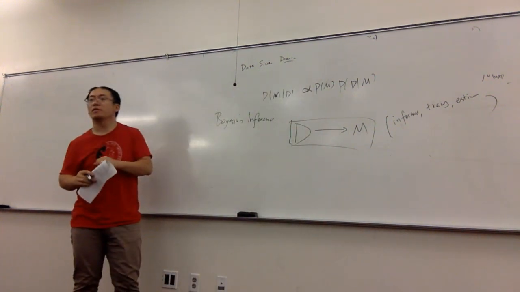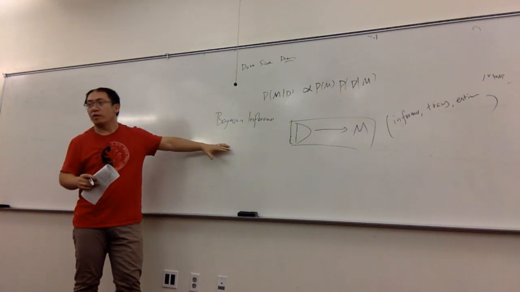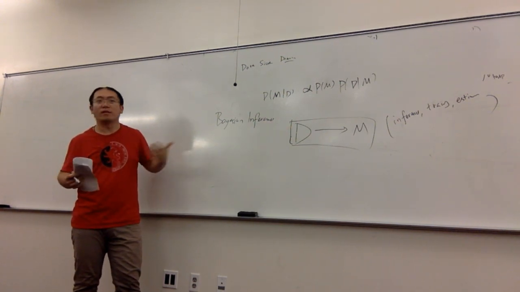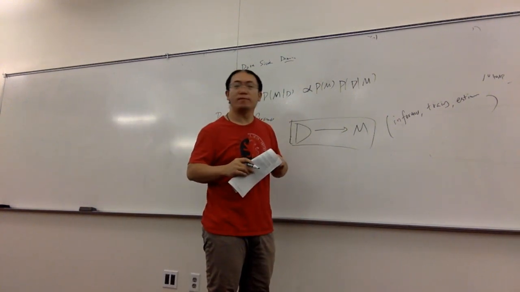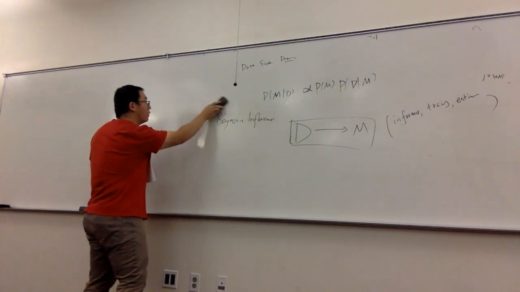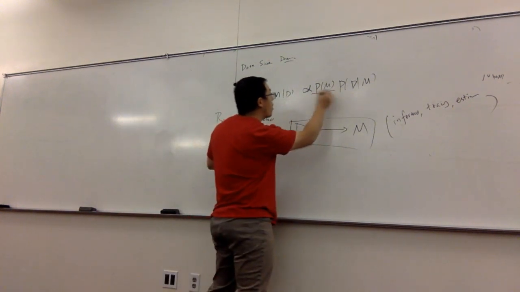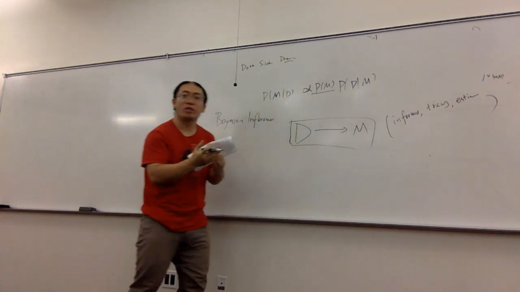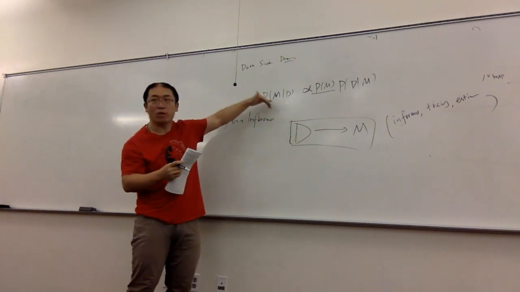There are many other ways to do inference, like maximum likelihood, but it does not account for the prior. Bayes rule considers the prior and the likelihood and combines them together to compute the posterior distribution of the model M.